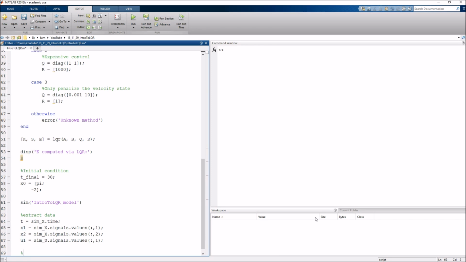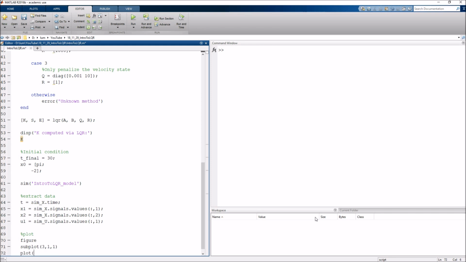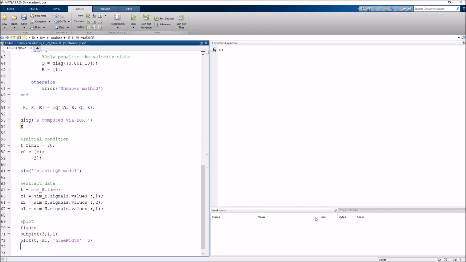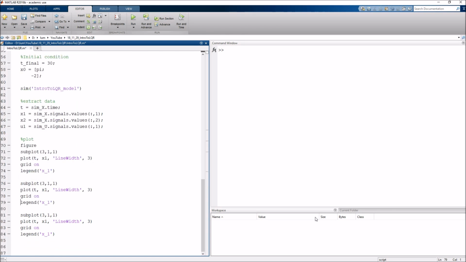And now that we've got those extracted, we can go ahead and plot these, right? So let's go figure subplot 311, and let's plot time and x1, and let's make this a little bit thicker so we can see it a little bit more easily. And we'll maybe add a legend as well, just so we can discern which one is which. And let's do the same thing for x2 and u1 while we're at it here.